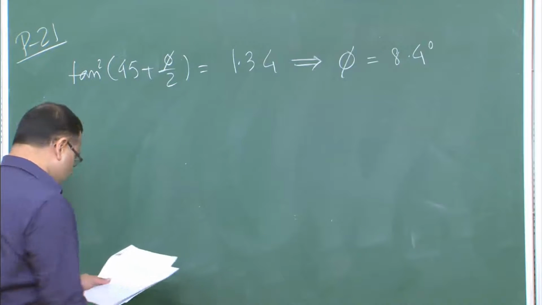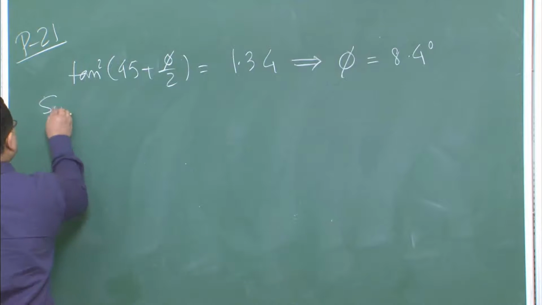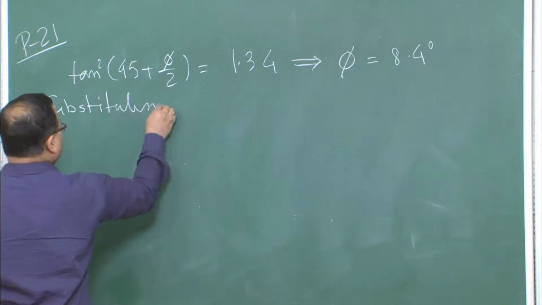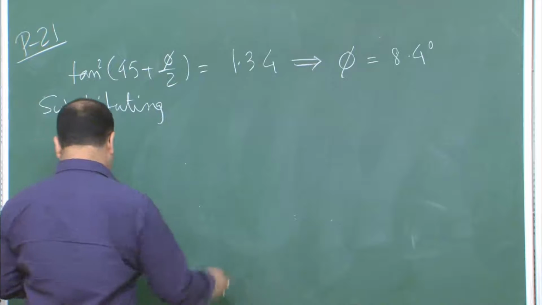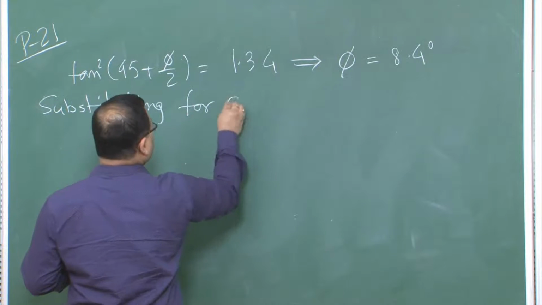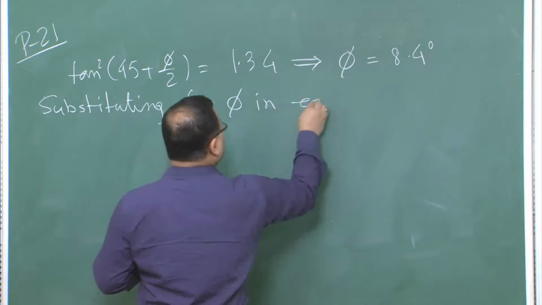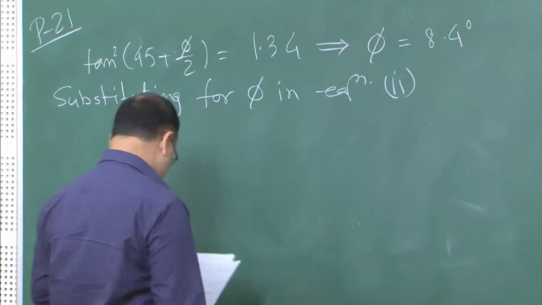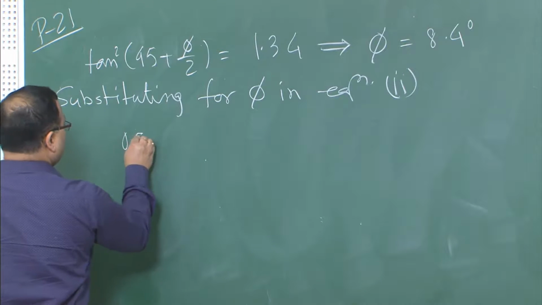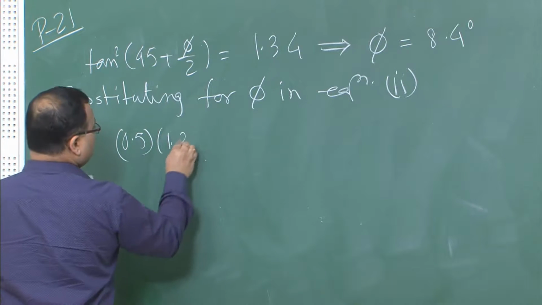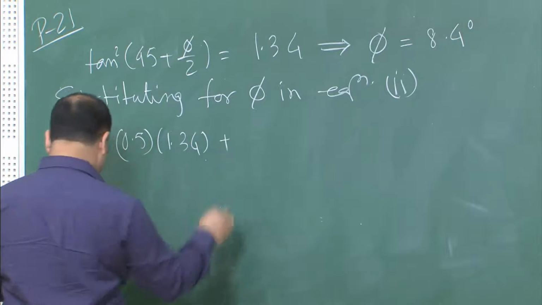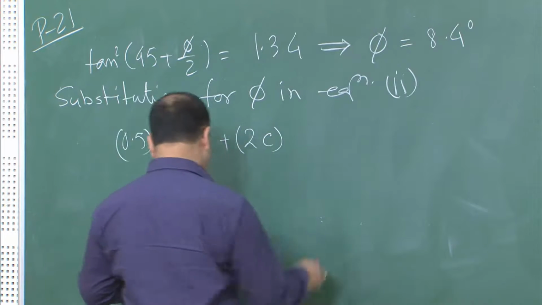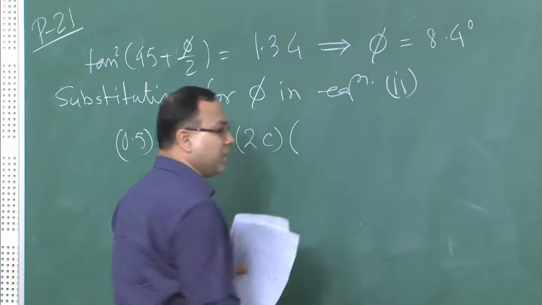Okay. Now, substituting for phi in equation 2, we get 0.5 into 1.34 plus twice c multiplied by tan alpha.